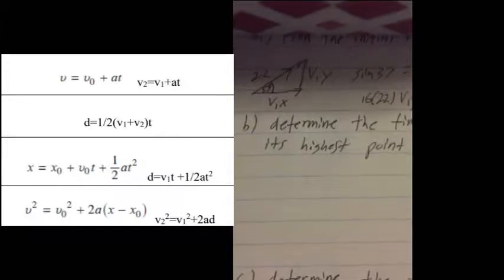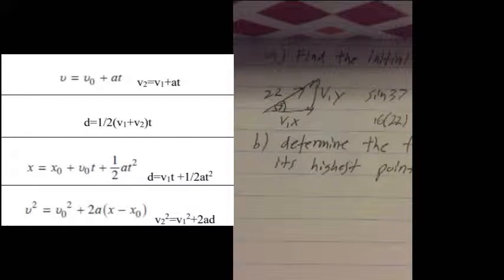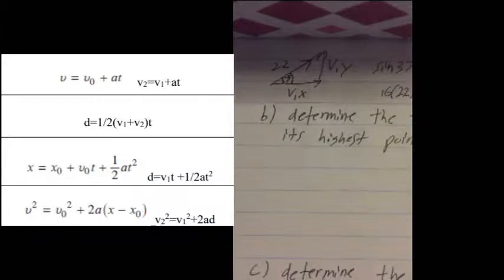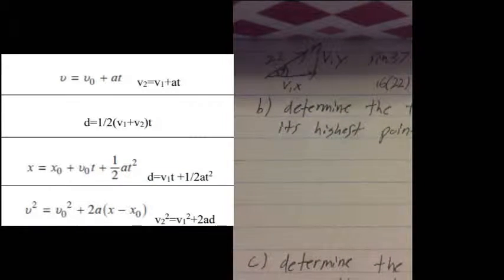So it says determine the time it takes for the ball to reach its highest point. All right, so in order to do that, we need to start using kinematics. And to figure out which of the 4 kinematics that we need to use for this, we need to write down all the information that we know about this problem.